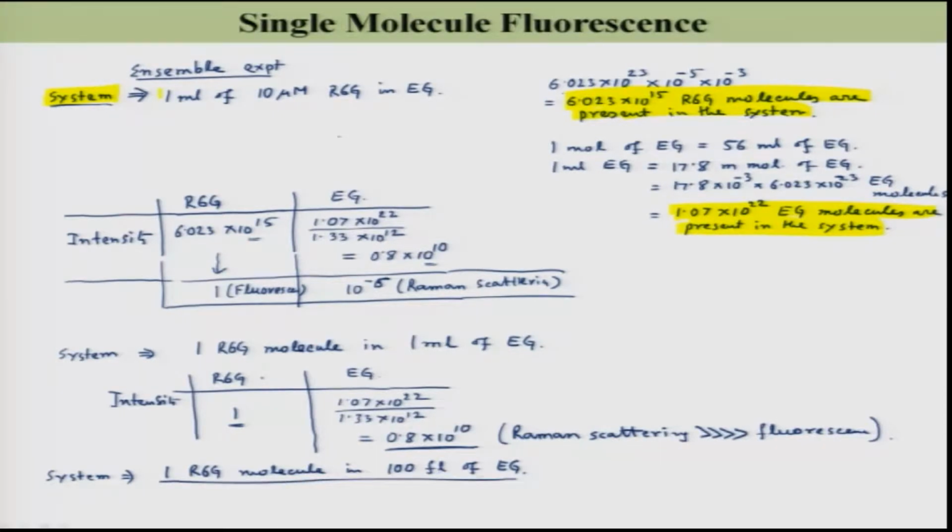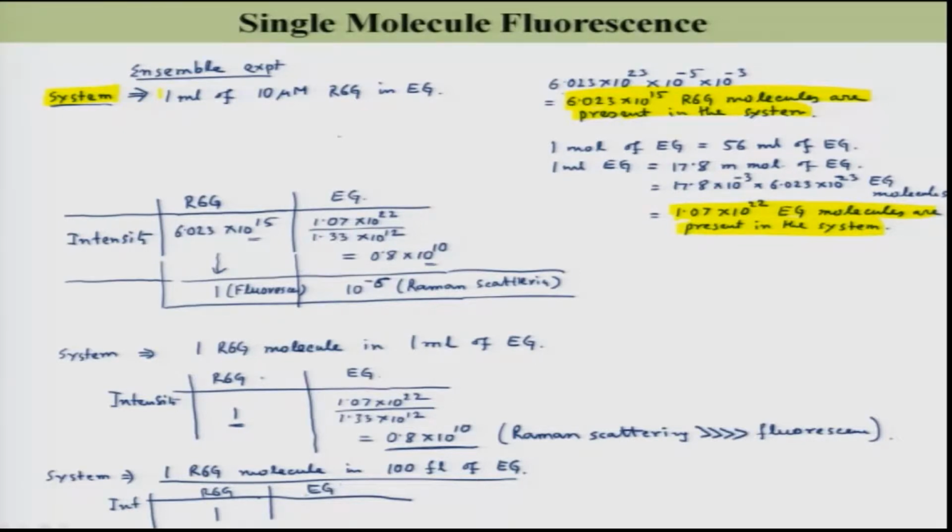Right. If it is 100 femtoliter, then the intensity of R6G is 1 because I have only 1, and here for ethylene glycol, this number will change.